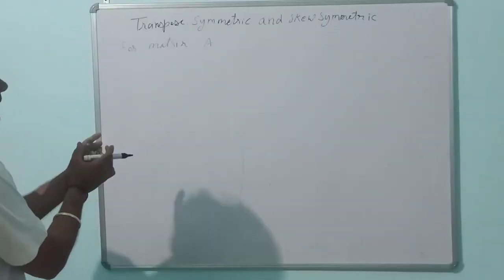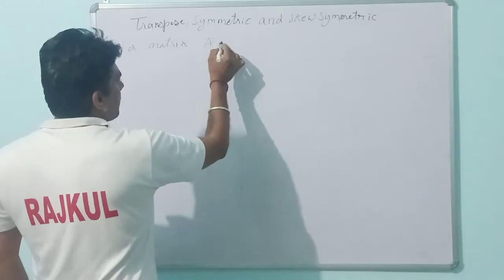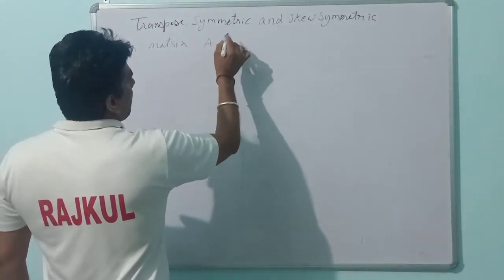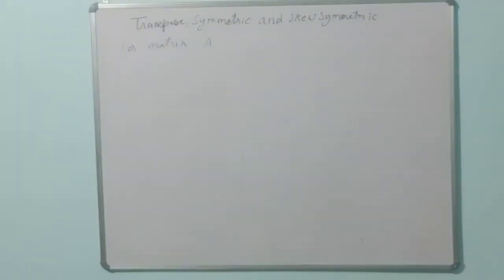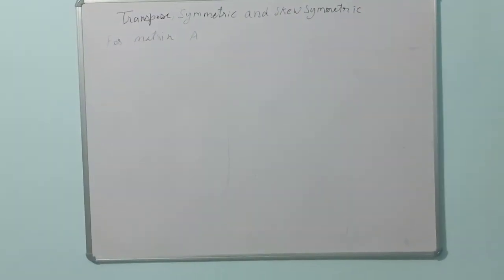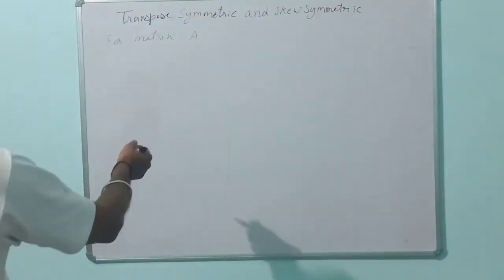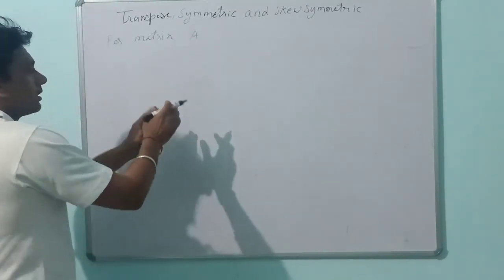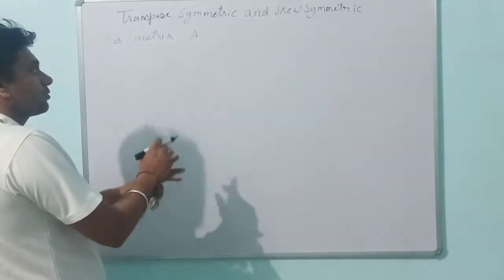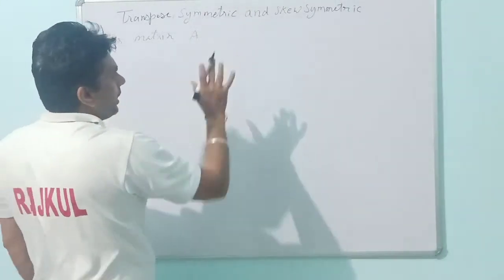For a square matrix A, we have to show for a matrix A, this matrix contains real entries 1, 2, 3, any element.